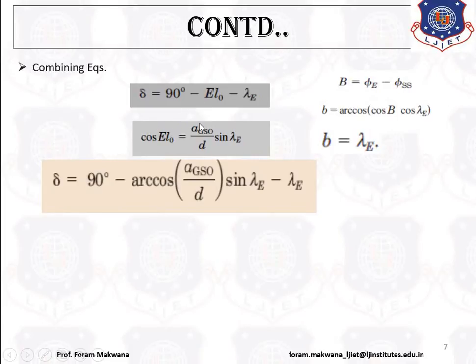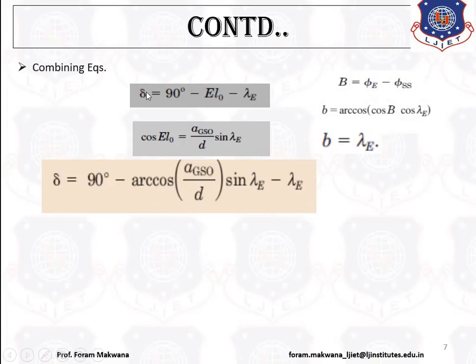This equation is not new; we already derived it while discussing the calculation of the elevation angle. The only difference is that cos inverse was present on the right hand side. I have just moved it to the left side, so it becomes a cos, because we have to place the value of the elevation angle here.